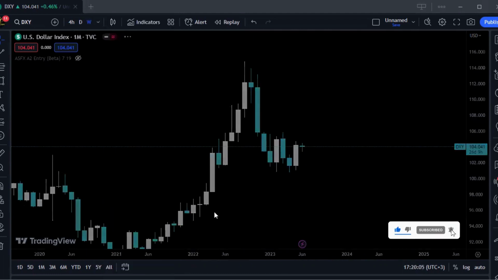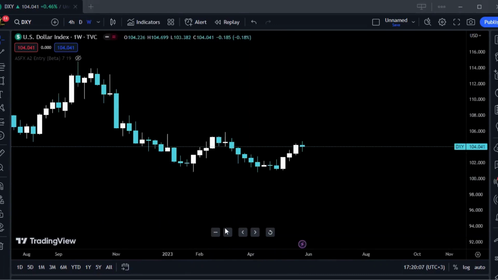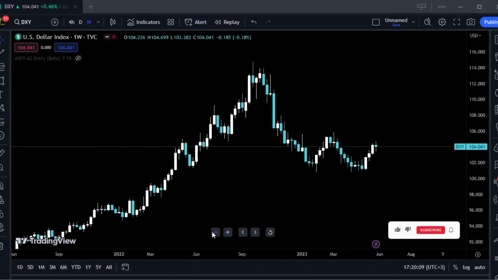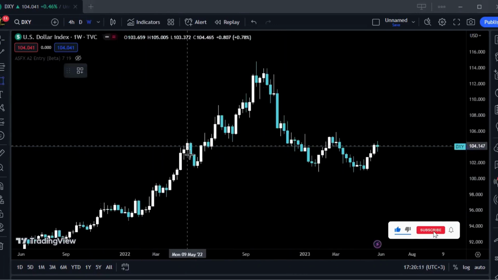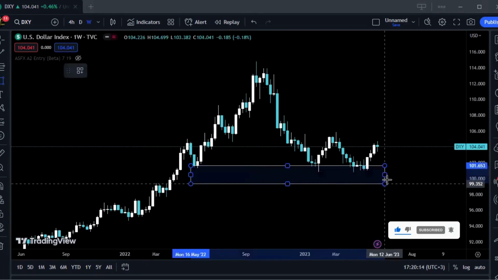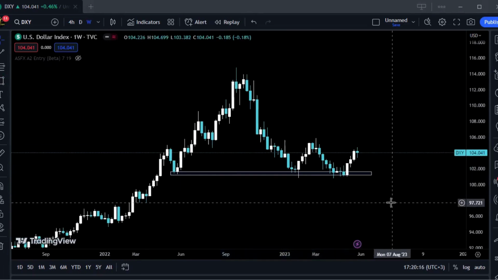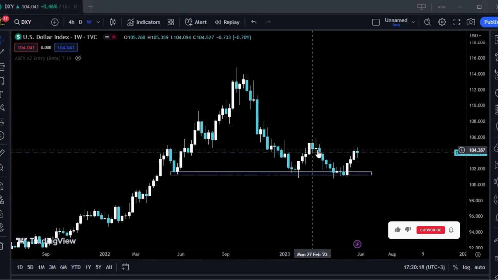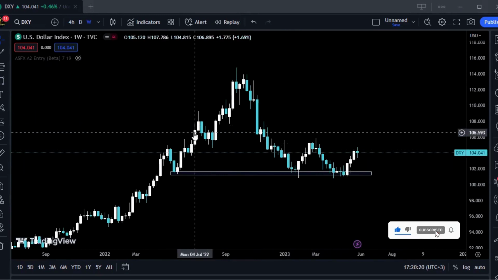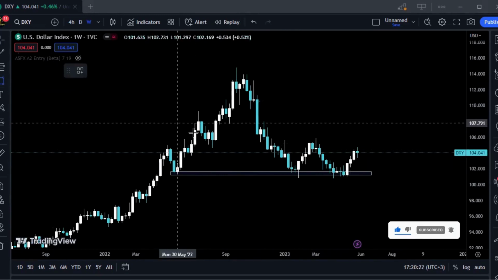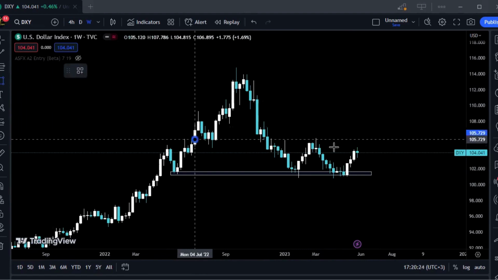Now, switching to the weekly time frame, we can see that prices are trying to push higher. The coming structure is somewhere here.